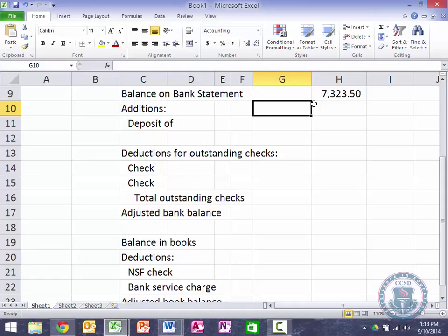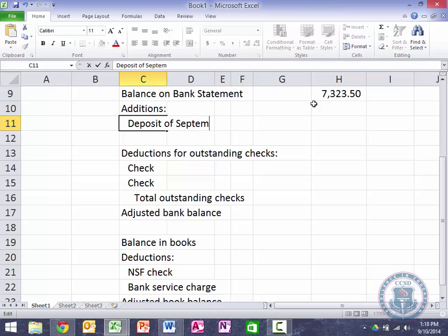We wrote it down. The $900 deposit. So we'll say a deposit of September 28th, and that is in transit. That means it's in process right now.